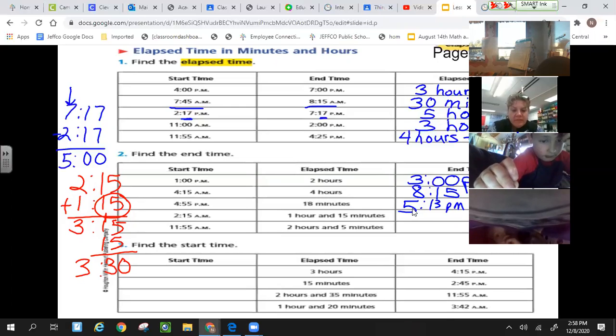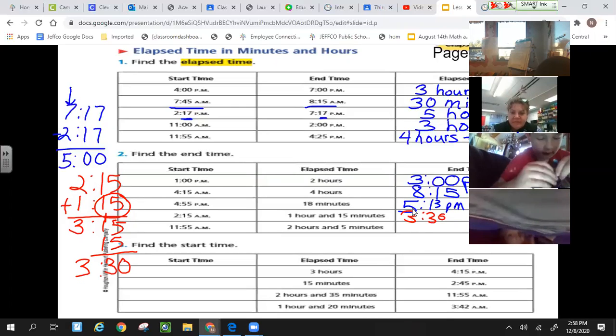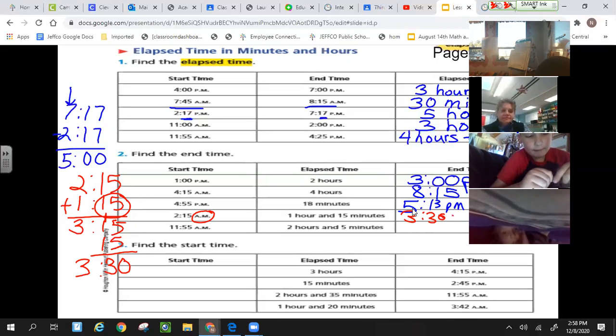What time would it be? 3:30. AM or PM? Oh, this is AM, so we wouldn't have math in the middle of the night. I didn't notice the AM. It says AM here, it's still going to be AM.